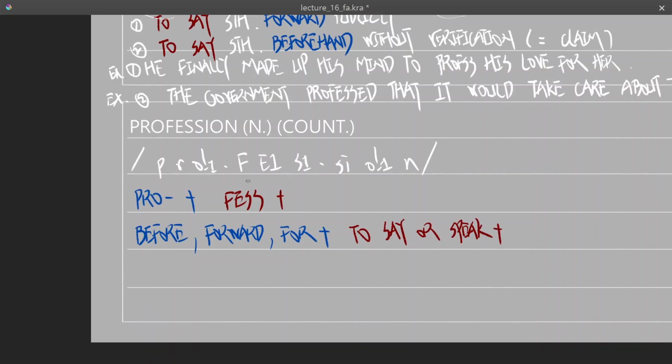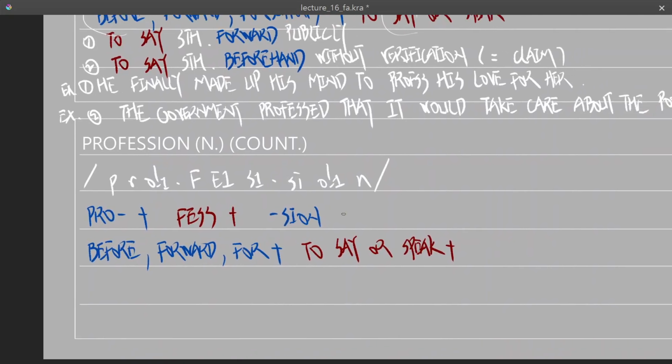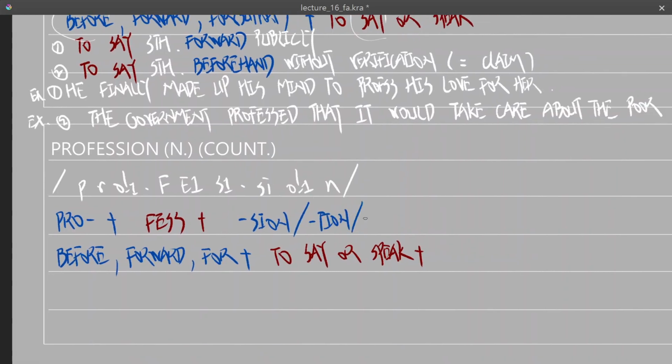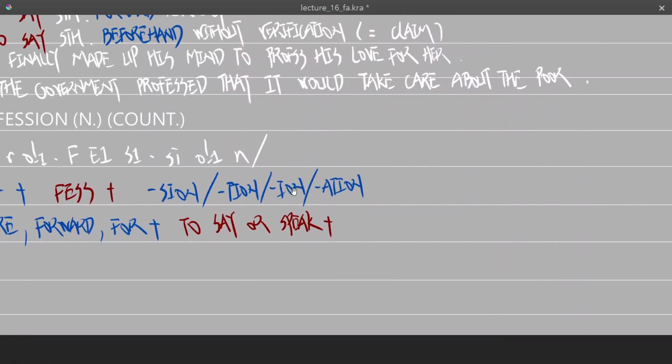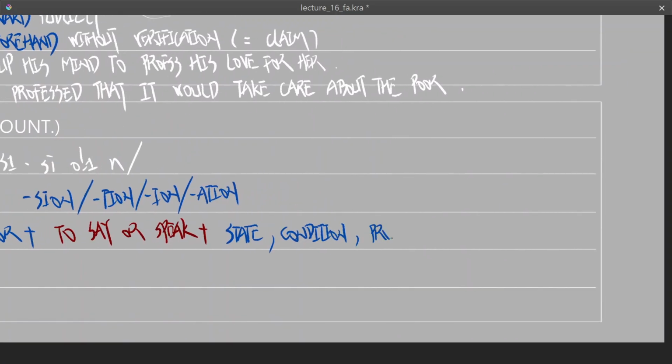And we have the noun suffix tion, a variant of ion or ation, meaning state, condition, process, or result.